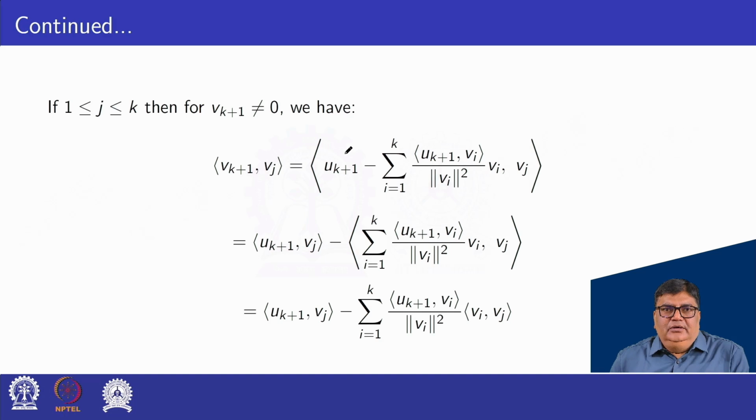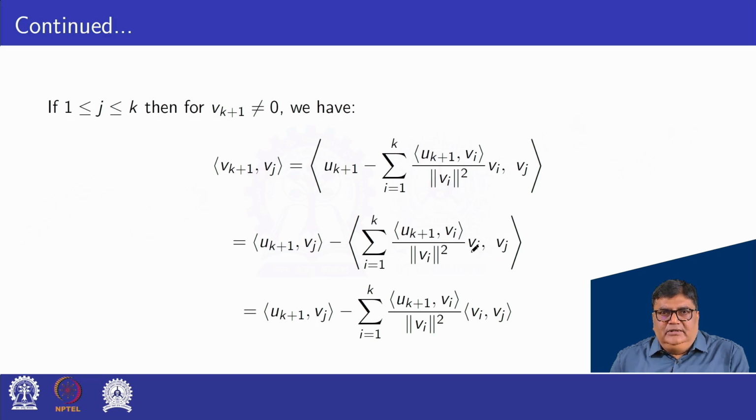Okay, so this is inner product of Uk plus 1 minus summation i equal to 1 to k inner product of Uk plus 1 Vi upon norm of Vi square into Vi, and Vj. So simplifying this, inner product of Uk plus 1 Vj minus inner product of this vector and Vj.